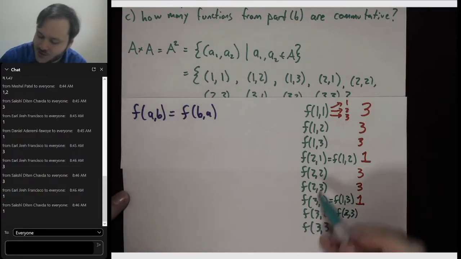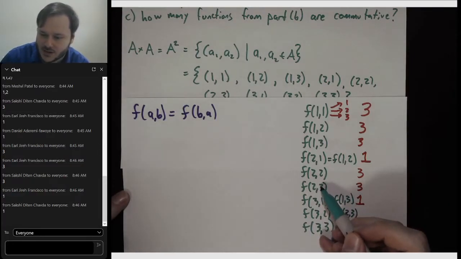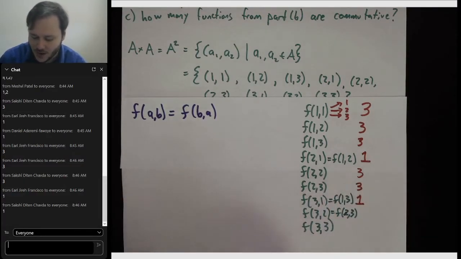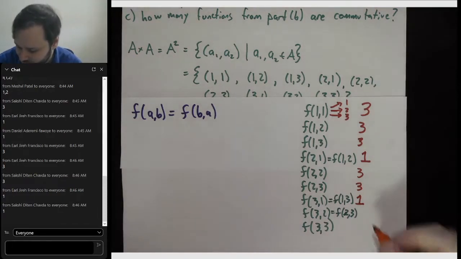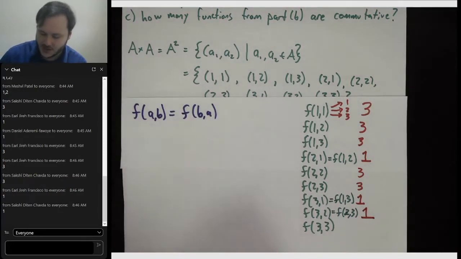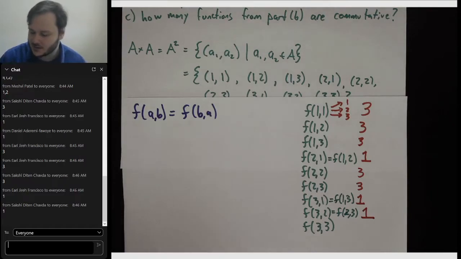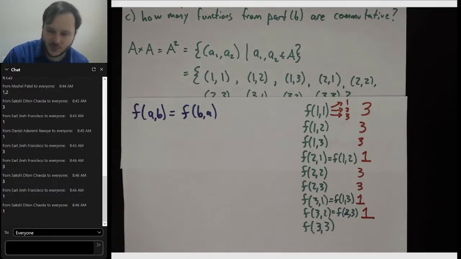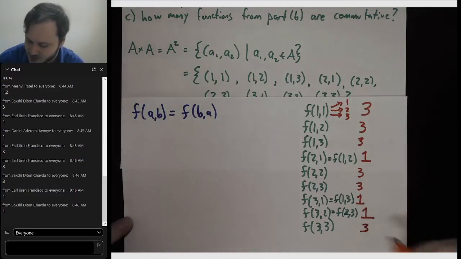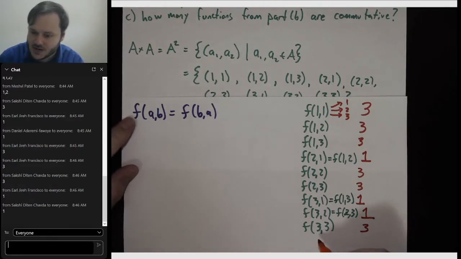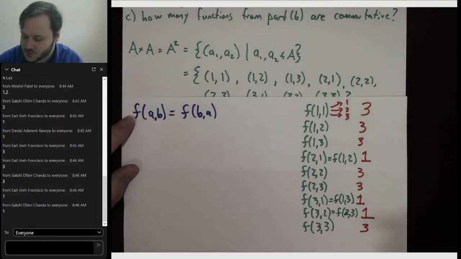It has to match the value I picked up here. I only get 1 option there. And then f of 3 comma 3, I get 3 options again. Completely unrestricted. Commutativity doesn't affect f of 3 comma 3 because there's only 1 way to have 3 show up twice.